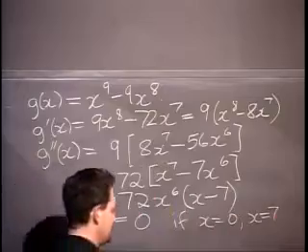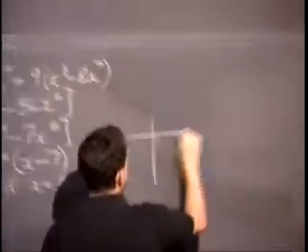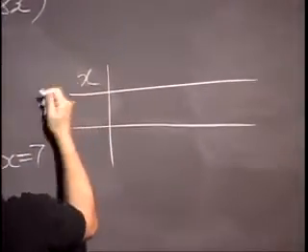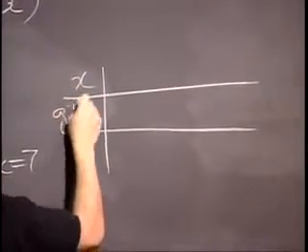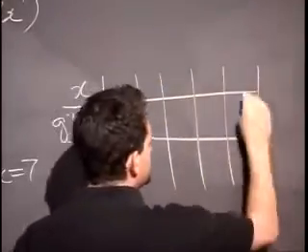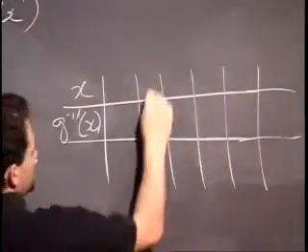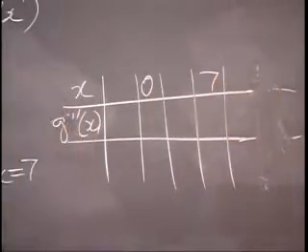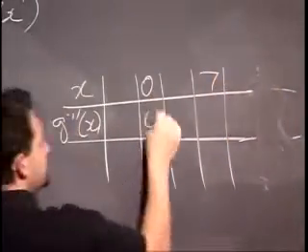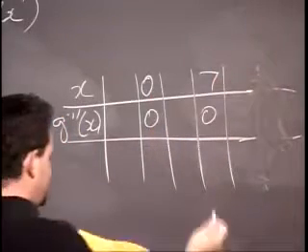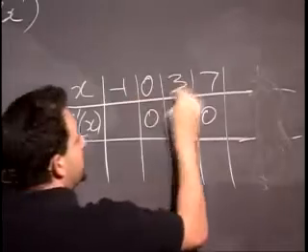So let's set up a table of signs for that second derivative. And I'm going to have x, I've called it g, so I'll write g double prime of x. Zero and 7 are the important points. Second derivative 0 there and there. So let's just pick some representative points, say minus 1, 3, and 8.